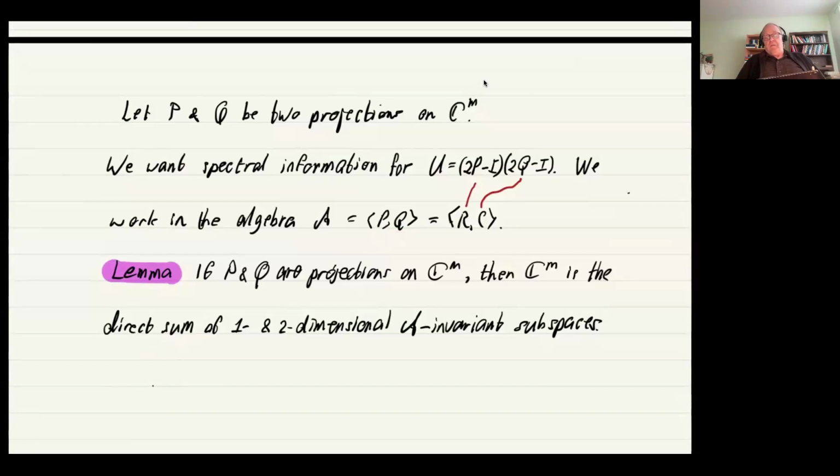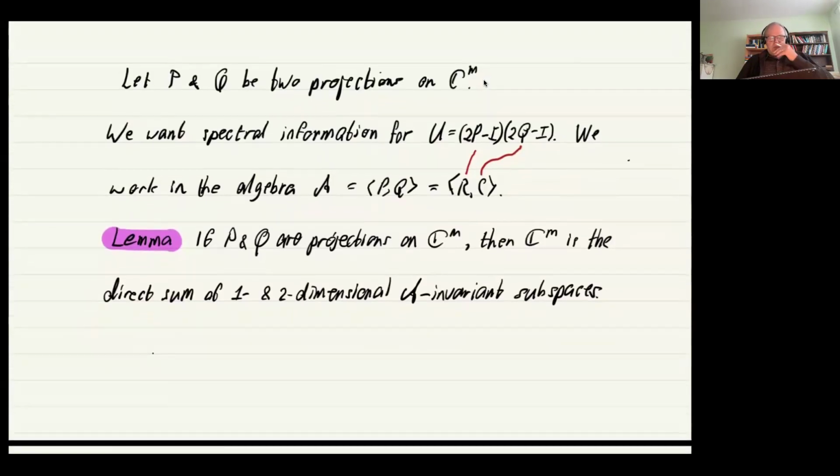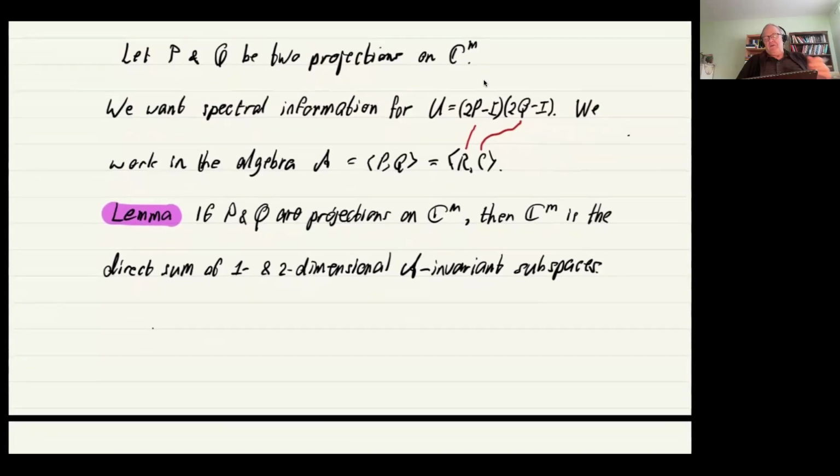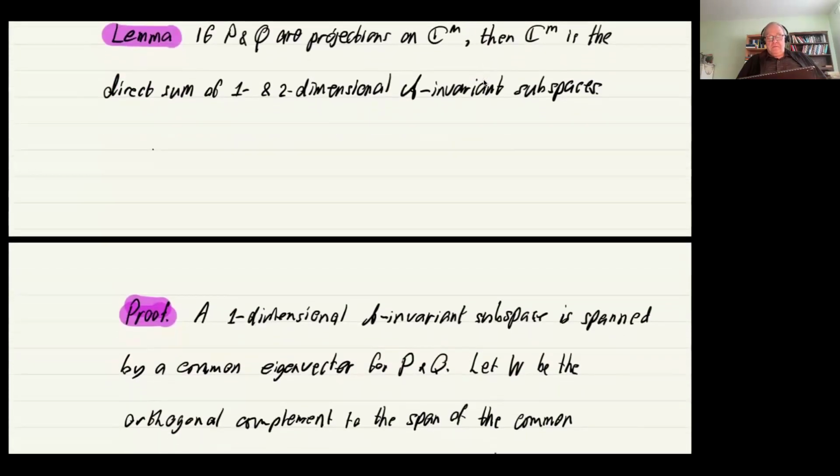The physicists appeal to something called Jordan's theorem. Now Jordan has a number of theorems, and it's not quite clear which one they're referring to, but anyway, this is what we're going to prove. Ideally we would like to diagonalize everything. We can't do that, but we can in this case get dimensions 1 and 2.